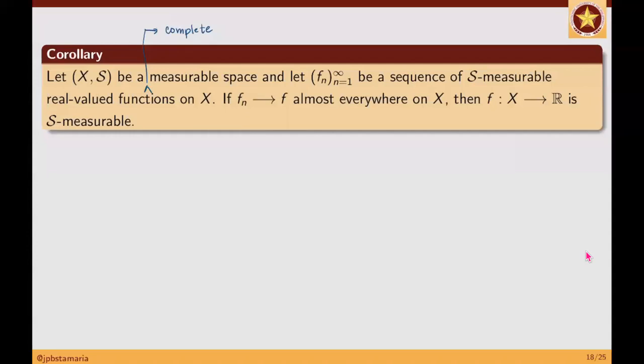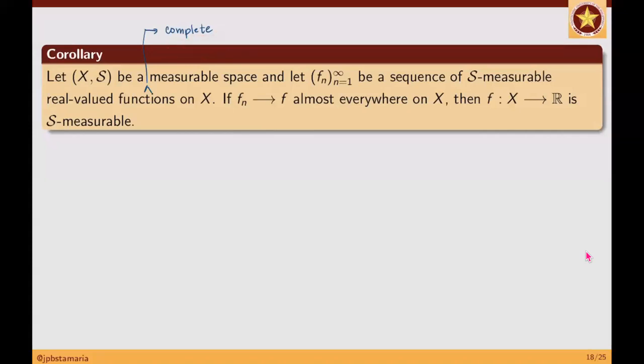Naalala nyo kanina, ang pointwise limit ng sequence of measurable functions is, what? Still measurable. In fact, the corollary strengthens that result. Except, kailangan nga lang, yung space ay complete.